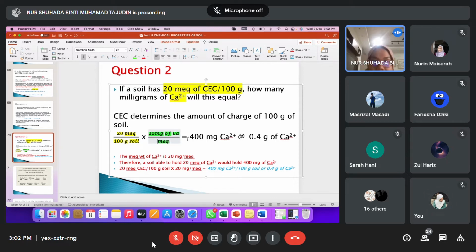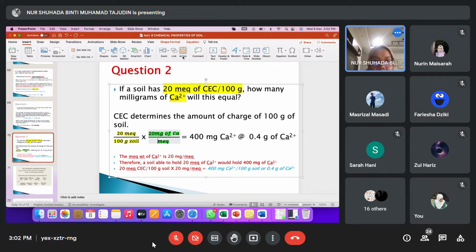Okay, unit dia dia potong macam ni, sekejap saya buatkan. Okay, sebab if you see, sorry, yang ni pun tak penuh juga, mg per 100 gram. Okay, nasib baik Nurin cakap.